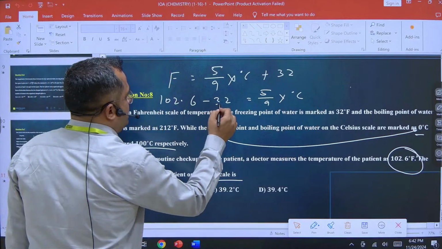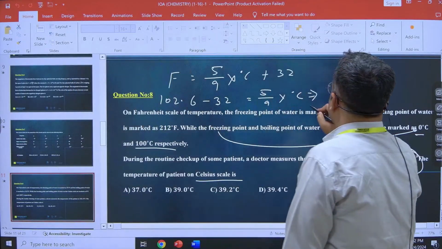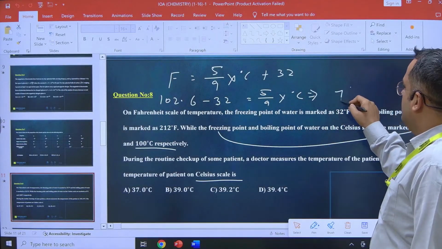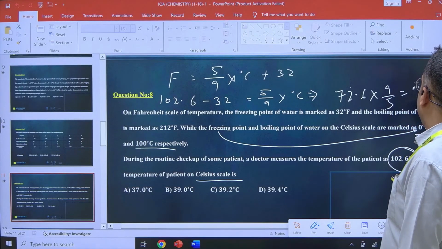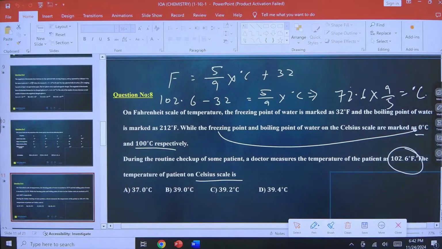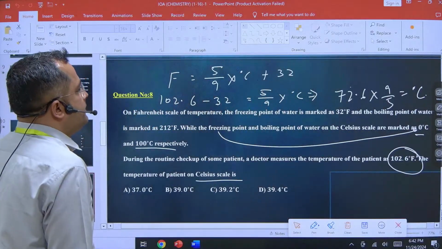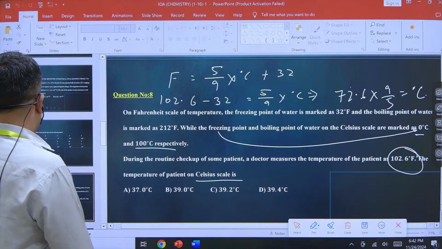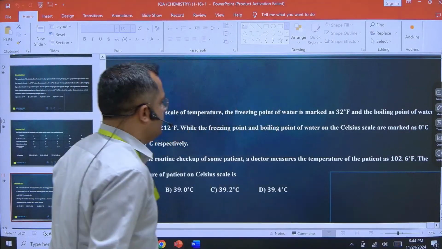We just have to subtract, it will be 72.6 into 5/9, equal to degree Celsius. Okay. We can calculate that, simple question. So it will be equal to 39, I think. Very simple question. Okay. Can we move to other questions?